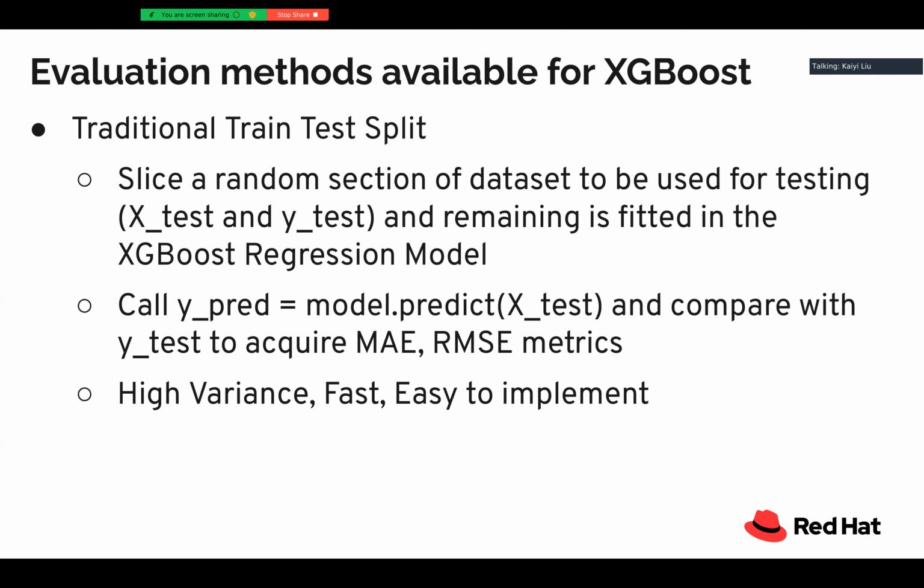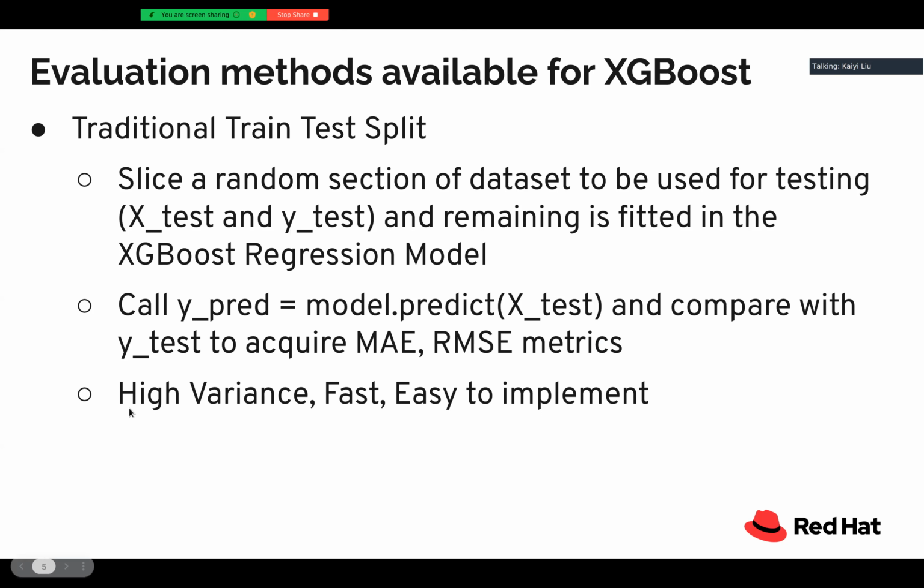Then you would take the model and predict on the features of your testing data frame to get your predicted label, and then compare that with the actual label value to get your MAE or RMSE metrics. In this case, X would represent the IRQ metrics, and Y would represent the total package power.